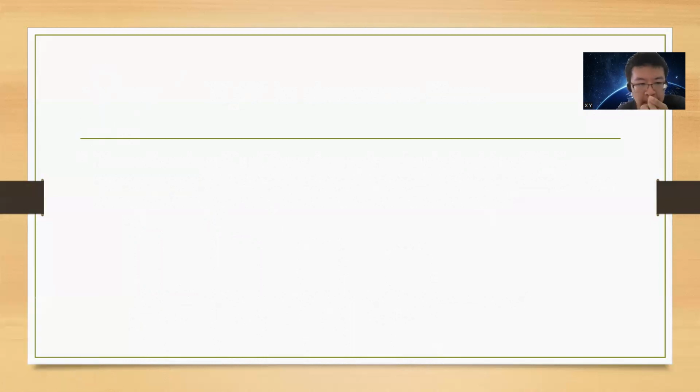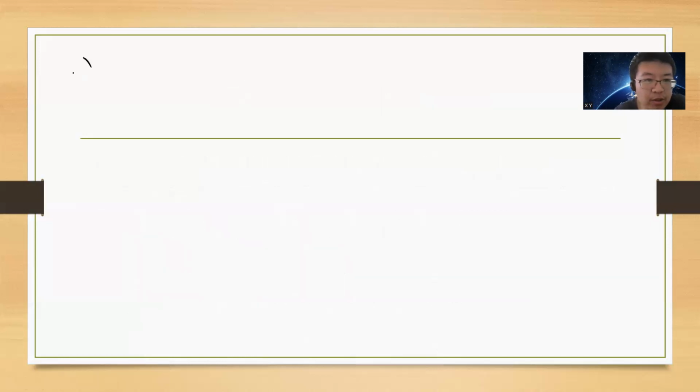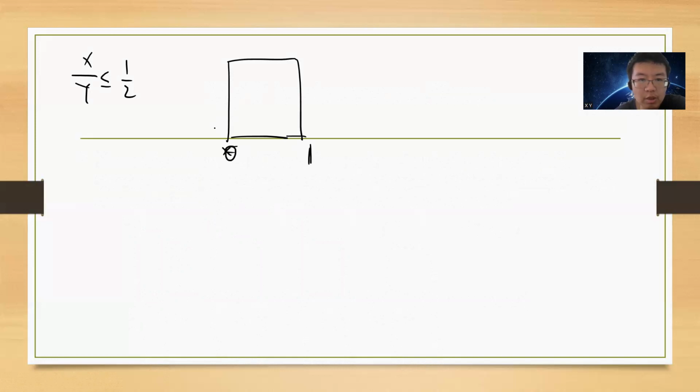If you see the plot, x divided by y should be less than or equal to half. The x and y are drawn from uniform random, so x is from 0 to 1 and y is from 0 to 1, and so our condition is that y needs to be greater than or equal to 2x.